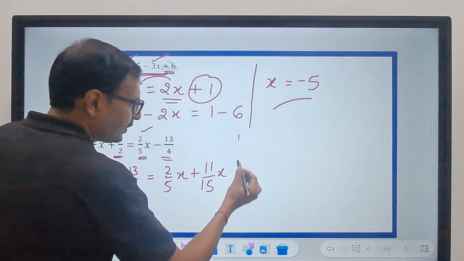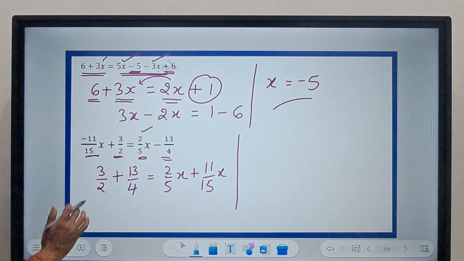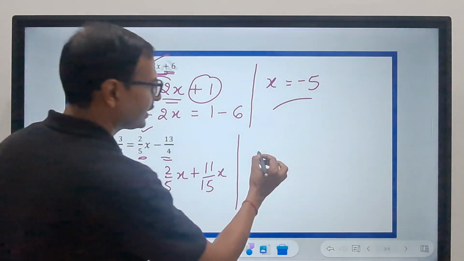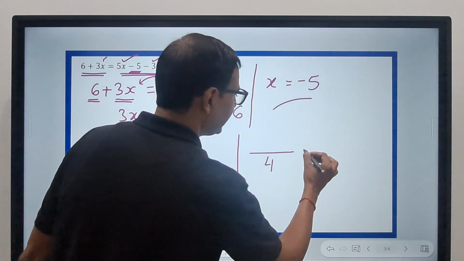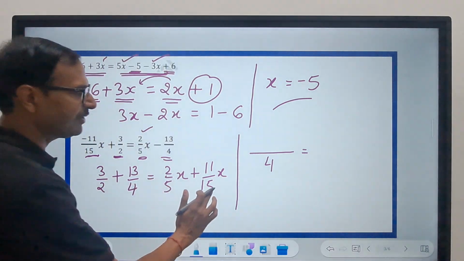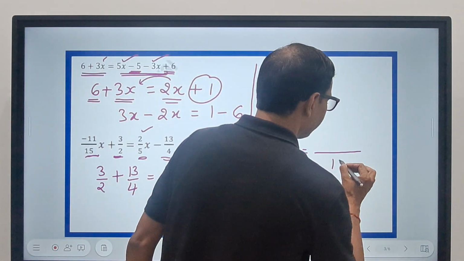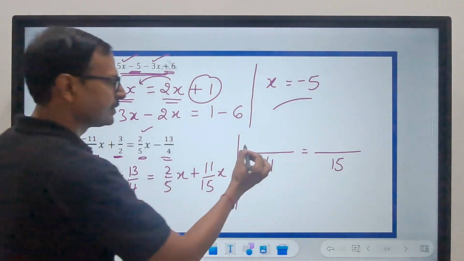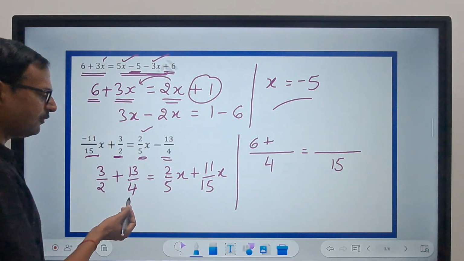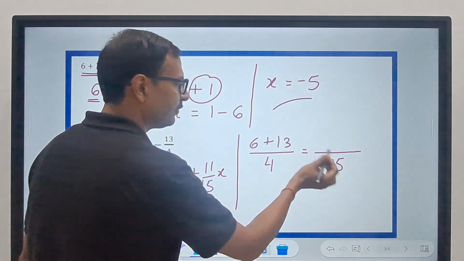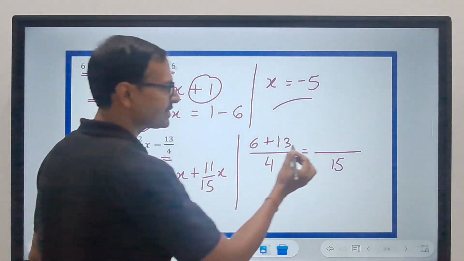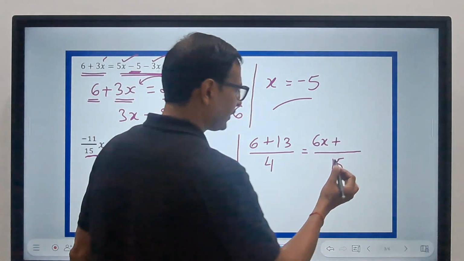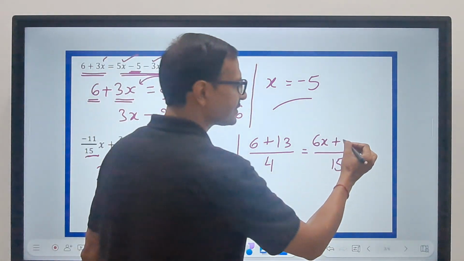So what is the next step? Now we will add these. So 3 by 2 plus 13 by 4, I think this has an LCM of 4, right? On the right hand side, 5 and 15, they have an LCM of 15, right? So for 4, this becomes 6 plus already 13. For 15, it means 6x, and then plus 11x already there.